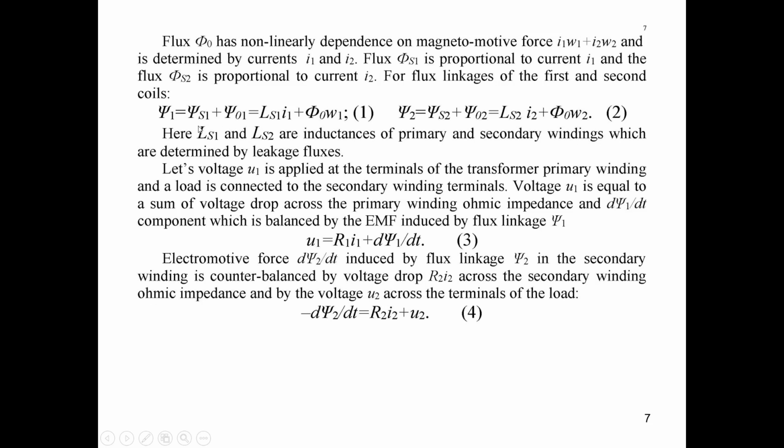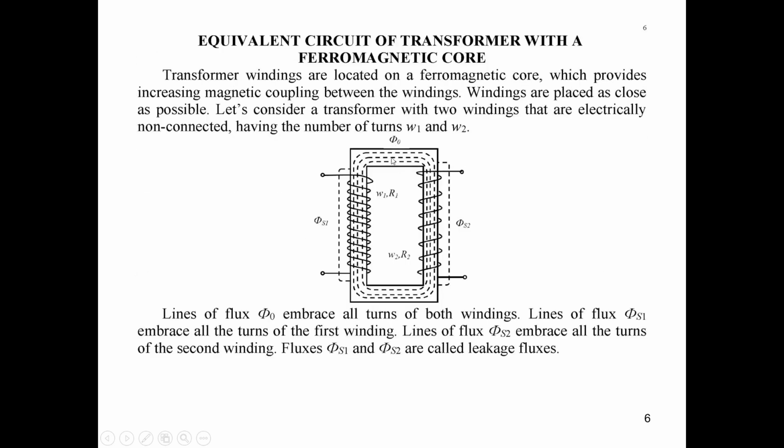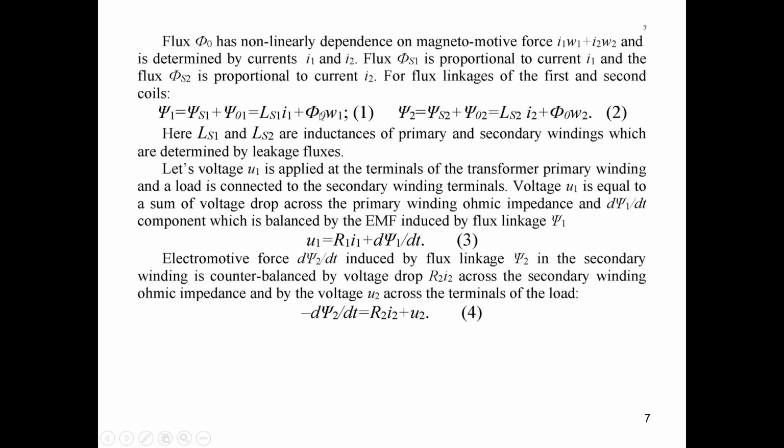So it will be equal to Psi-S1 plus Psi-O1, and this Psi-S1 we write like we write at all times. It is proportional to current I1, and the coefficient of proportionality is the inductance of the primary circuit. And Psi-O1 will be equal to Φ0, this flux, multiplied by the number of turns of the primary winding.